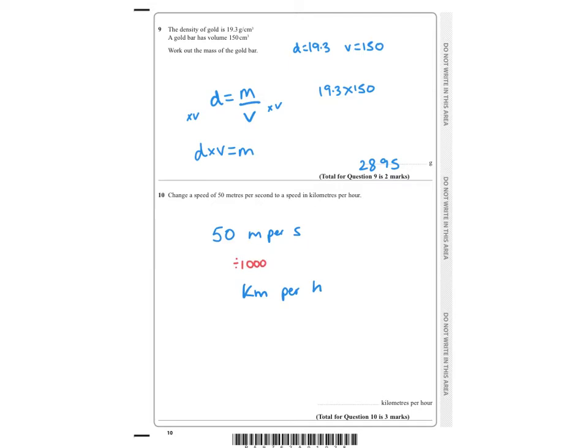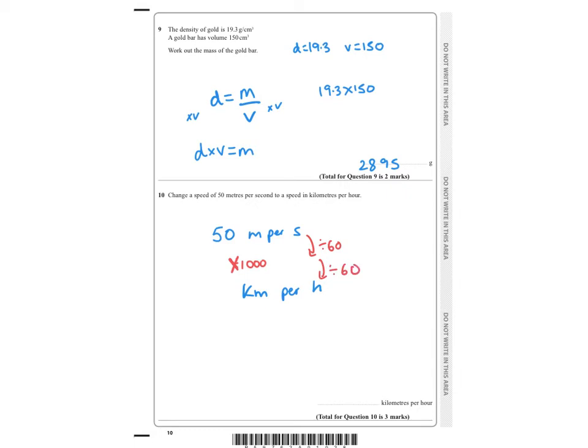And if we have seconds and we want this in hours, how are we going to convert seconds into hours? We need to divide by 60 to get to minutes, and then divide by 60 to get to hours.